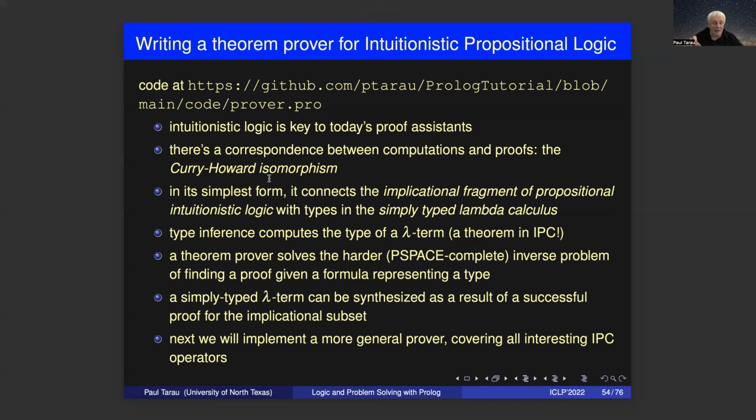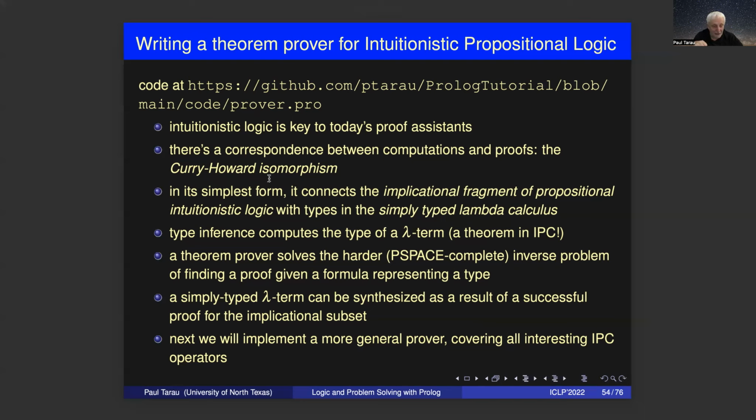So formulas in the logic and types of lambda terms in the lambda calculus behave isomorphically, partly because their axioms, if you use combinators, look the same as well, the Hilbert-style axioms in propositional logic. So a few steps to get there, but it's a very nice correspondence.